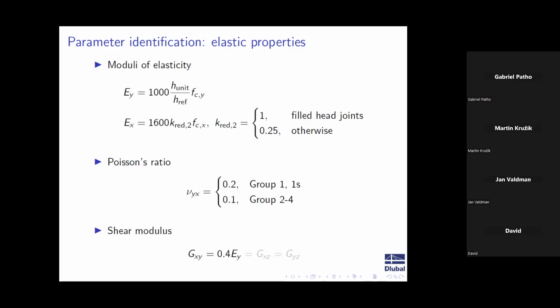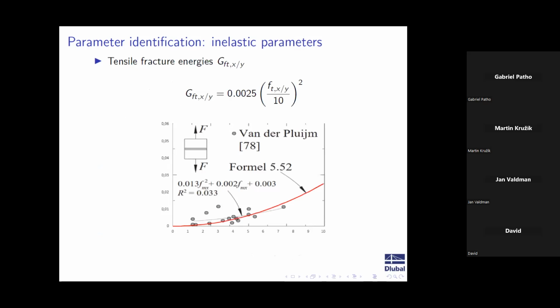What we need to do are the inelastic properties, the parameters, where we go into most of the guessing game. So we have some fracture energies, both compressive and tensile in both directions, and we have the peak or the equivalent plastic strain at peak compressive stress.